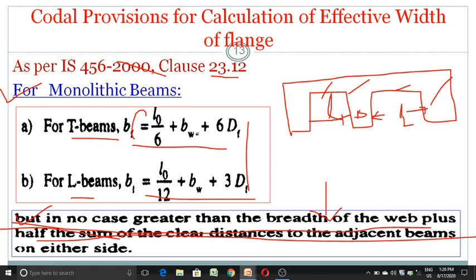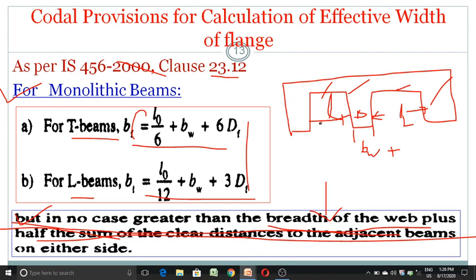The value of effective flange width calculated should in no case be greater than the width of the web, this is the width of the web, plus half the sum of the clear distances to the adjacent beams.